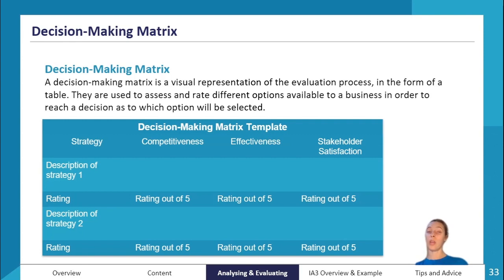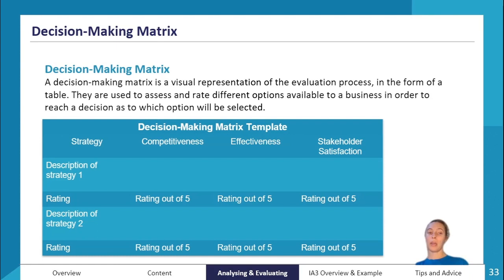So again, when you're thinking about repositioning, there could be two different repositioning strategies, and you would put those down in the left-hand column of this table, and then you would be looking at the different evaluation criteria. In this case, we've got competitiveness, effectiveness, and stakeholder satisfaction, and thinking about how you would rate those out of 5 and why you would rate them that way.